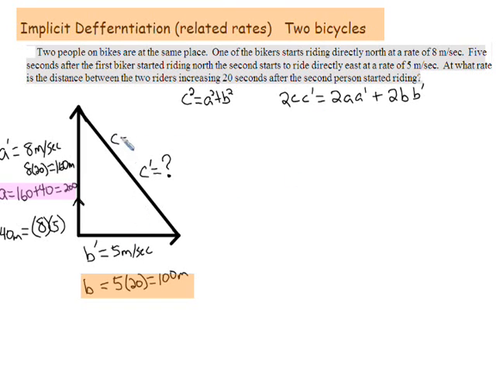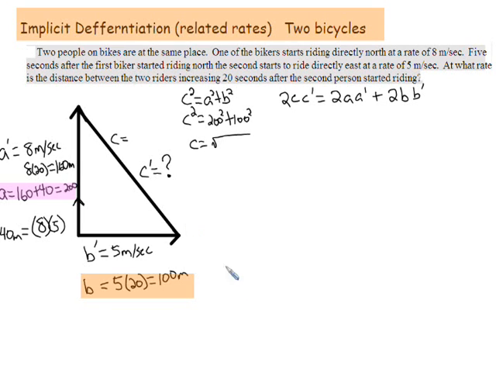So let's see, how do I figure the C prime? C, by using the Pythagorean theorem, and I'm going to enter 200 squared plus 100 squared. Take the square root, and that's going to end up being the square root of 200 squared plus 100 squared.